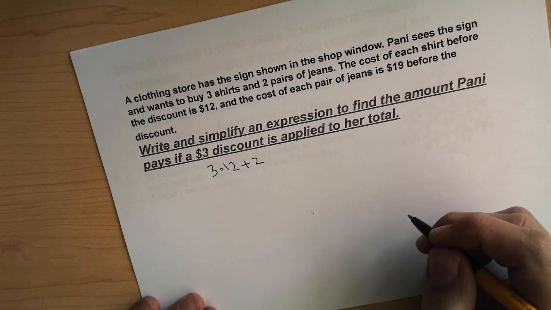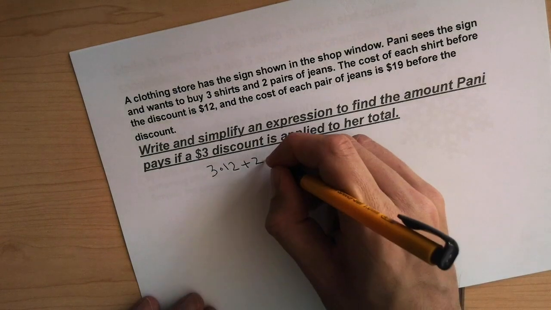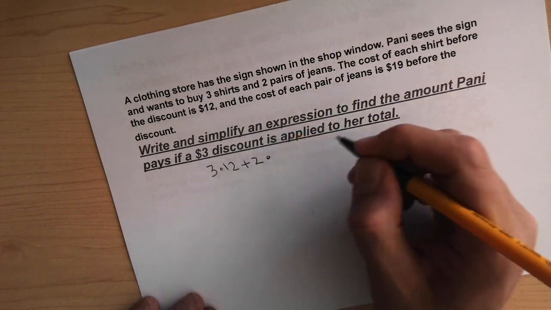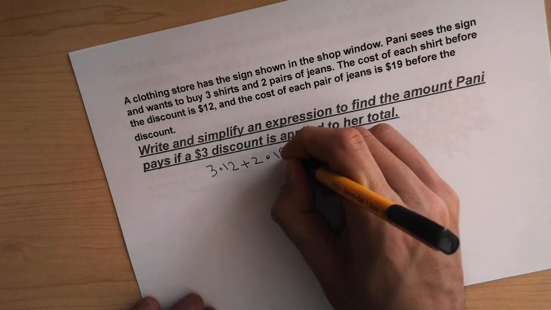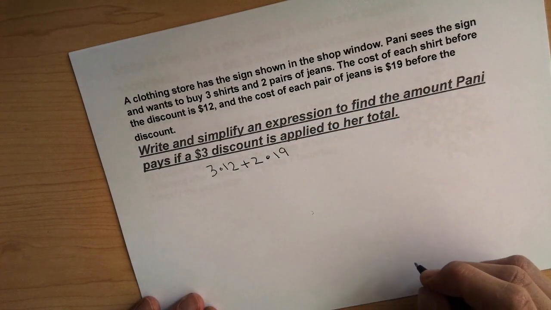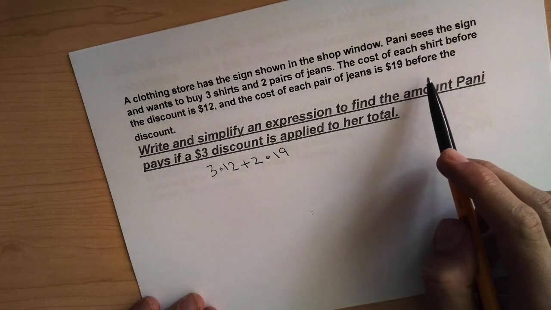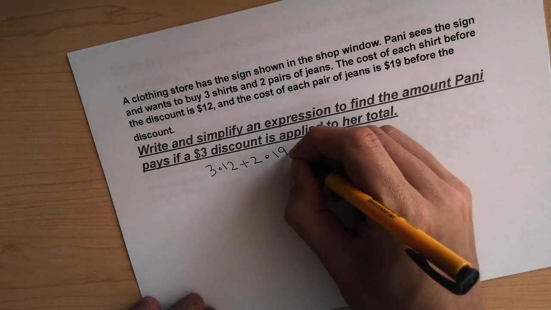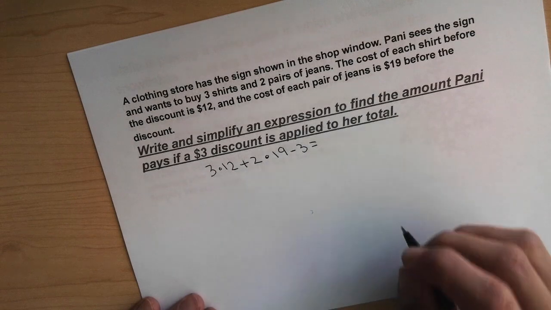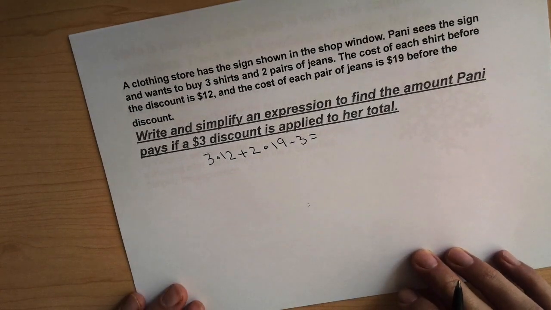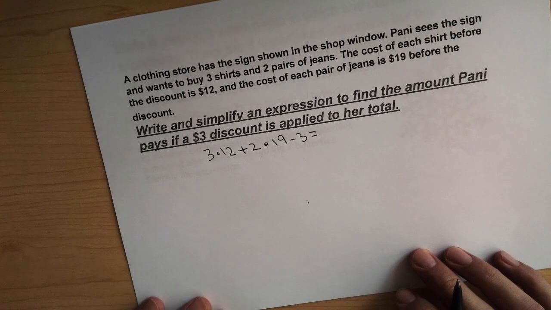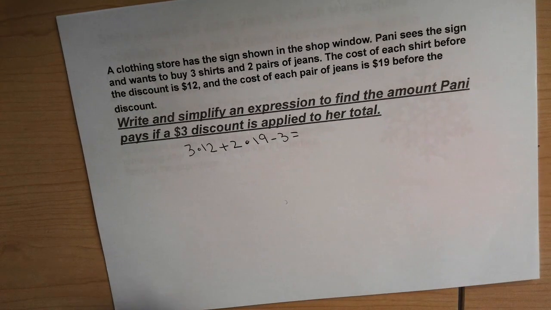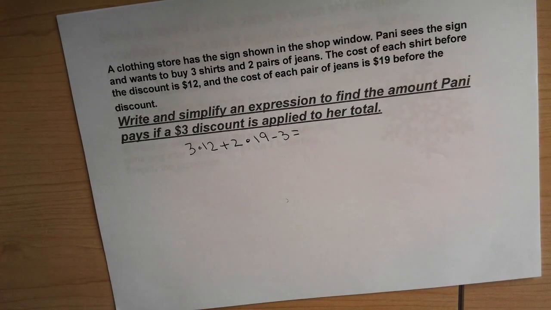So we're adding on 2 more, times, because it costs $19 per pair. Finally, we know there will be a $3 discount from her total. Now we'll use order of operations to figure out what the total amount is. I encourage you to pause the video and try this on your own.